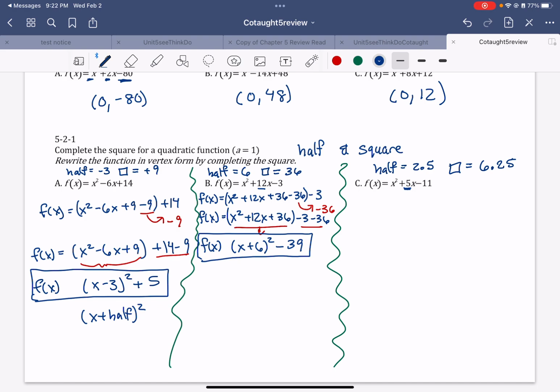So then I'm going to add and subtract my square. So f of x equals x squared plus 5x plus 6.25 minus 6.25 minus 11. I'm running out of room. All right, we'll move this one out here. Oh, off the page.